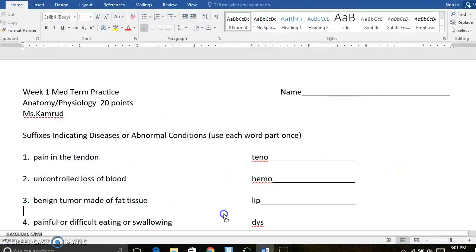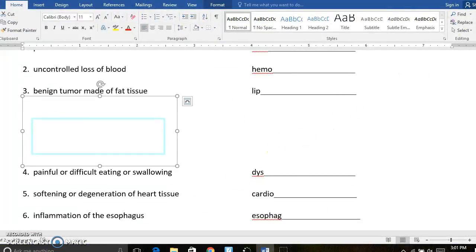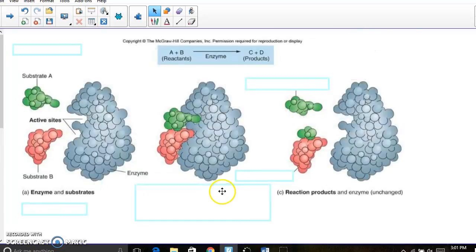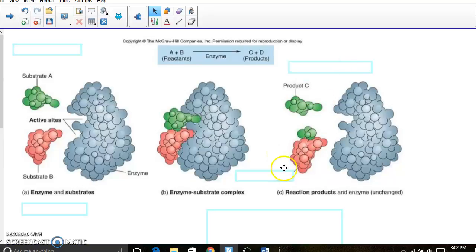Here would be our enzyme substrate complex, okay? Now, once the enzyme has this opportunity in this position, the enzyme can change those chemicals, break bonds, make new bonds, and what we end up with are 2 different products.